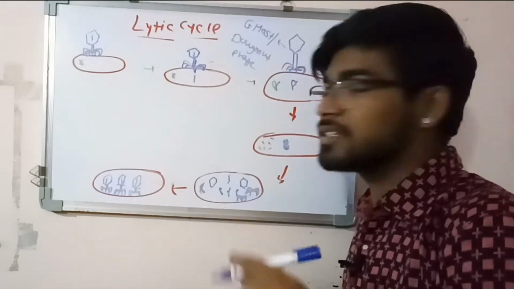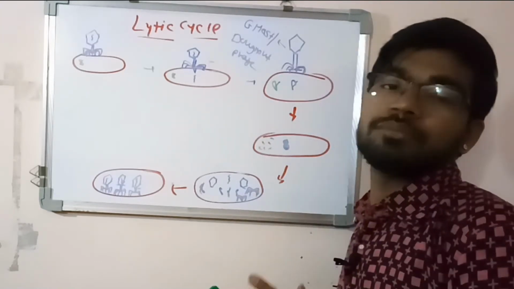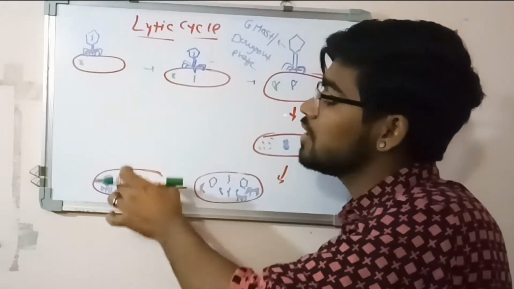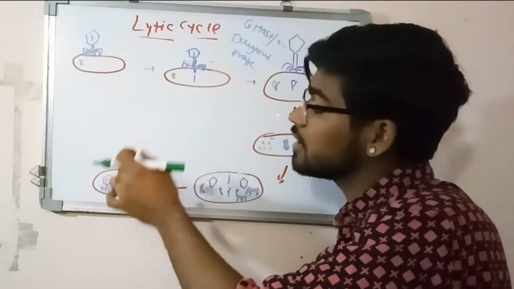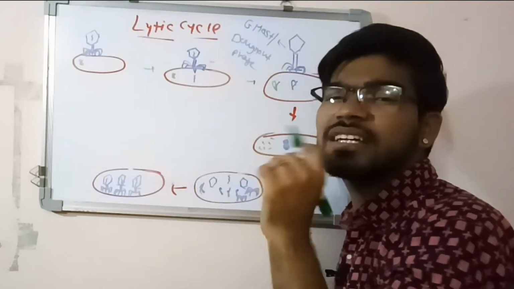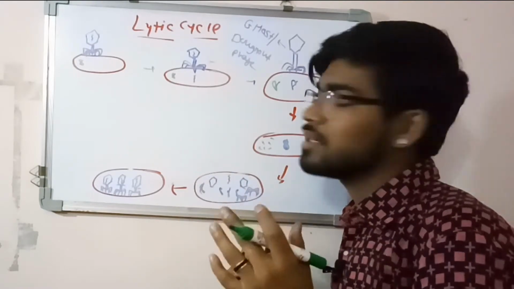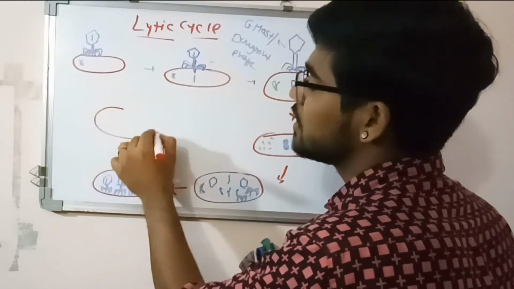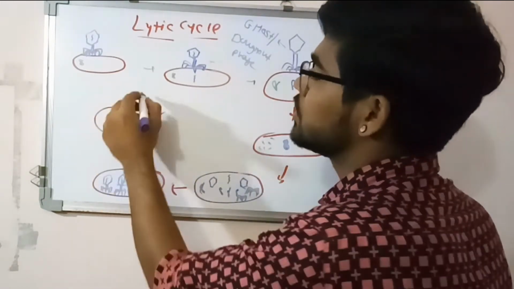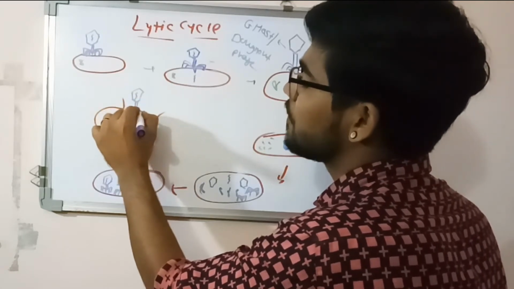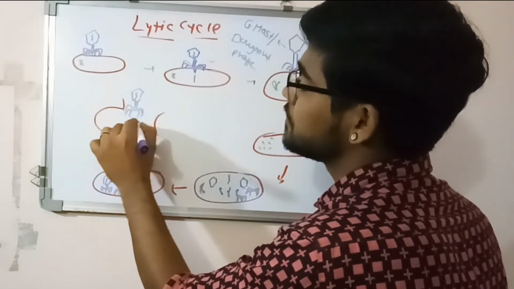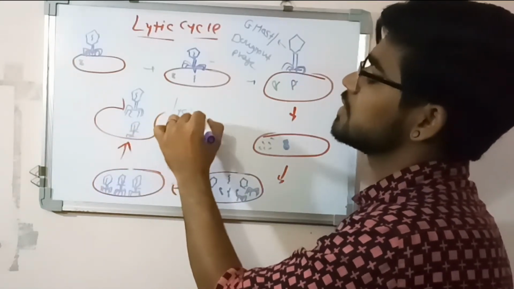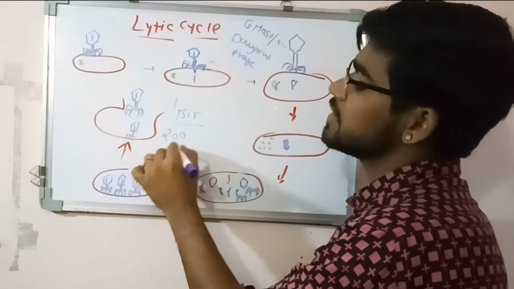After the 200 phages are synthesized, it lyses the bacterium by making a pore. It possesses a pore-forming lytic protein, which cuts the cell wall and creates a simple pore. So it lyses, or bursts, the cell and releases approximately 200 phages. So this is the lysis and release of approximately 200 phages.